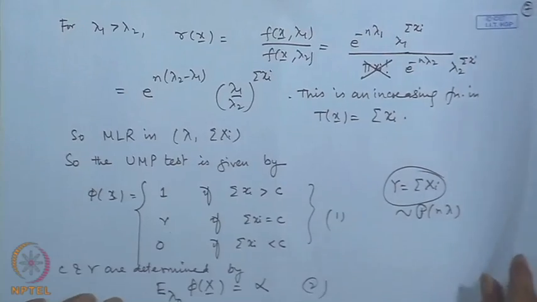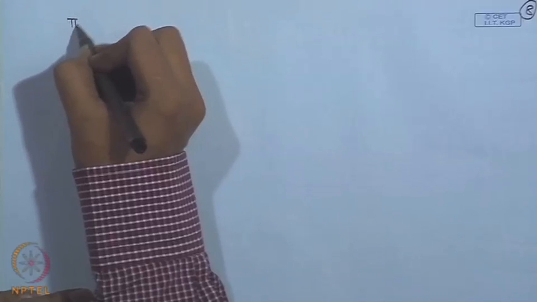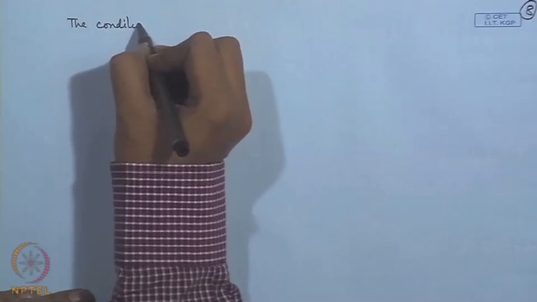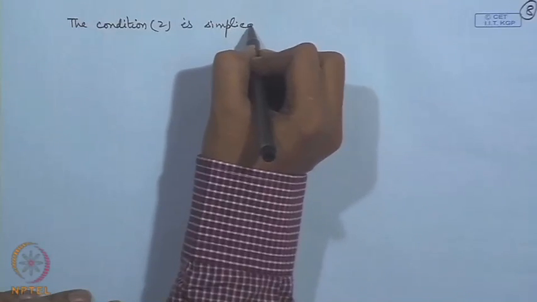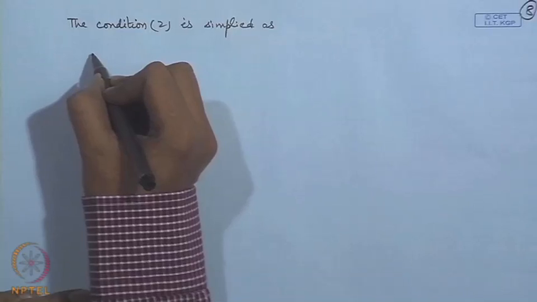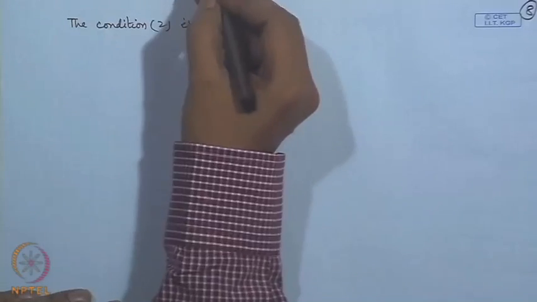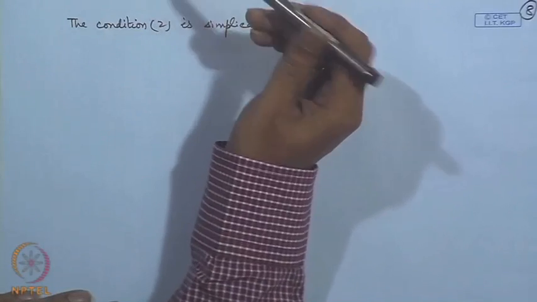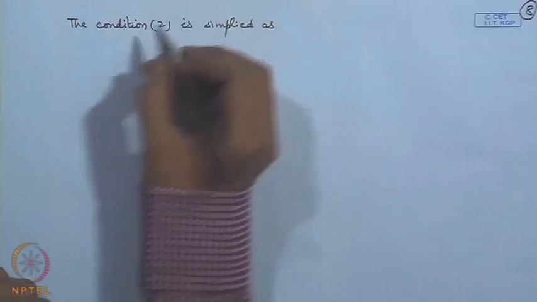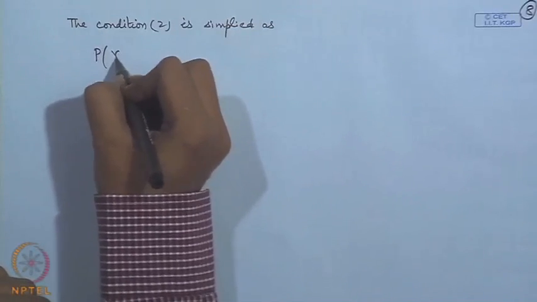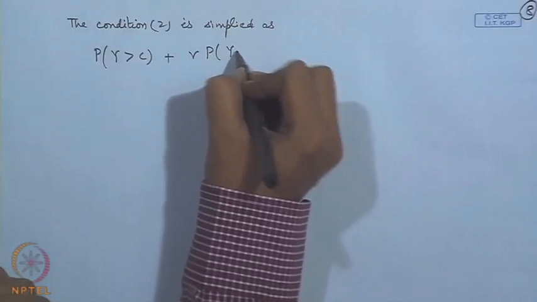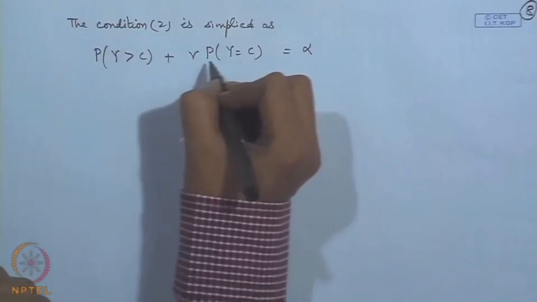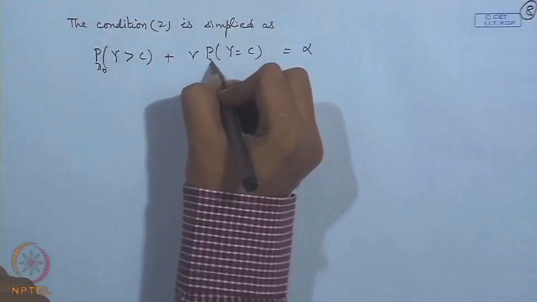So, let me simplify condition 2. Since this phi(x) depends completely upon sigma x_i, that is Y, it becomes probability of Y greater than c plus gamma times probability of Y equal to c. This is equal to alpha when the true parameter value is lambda naught.